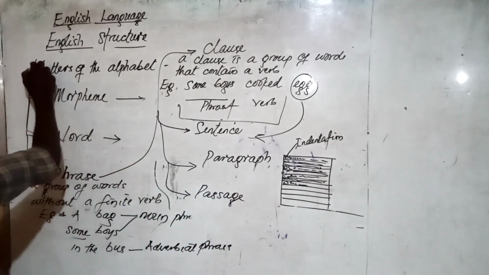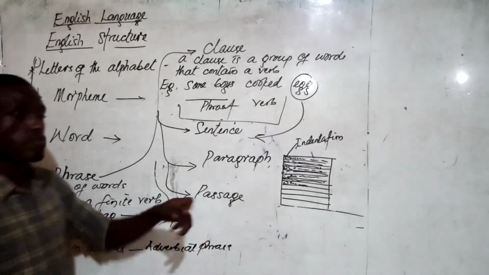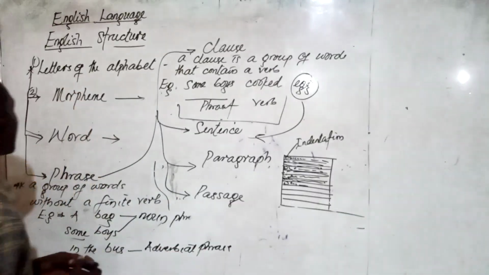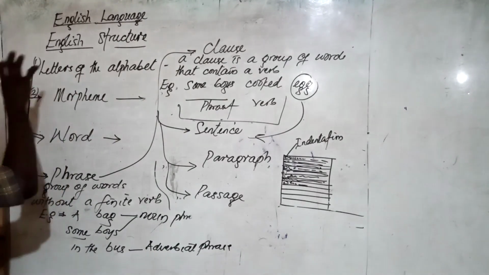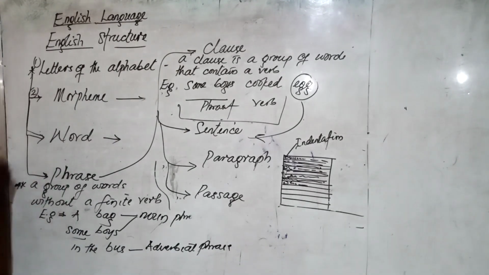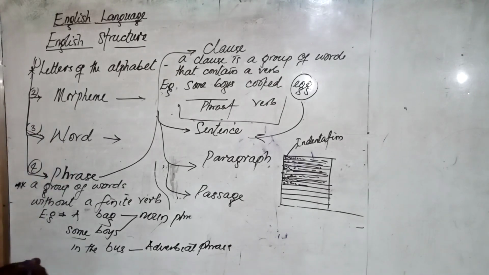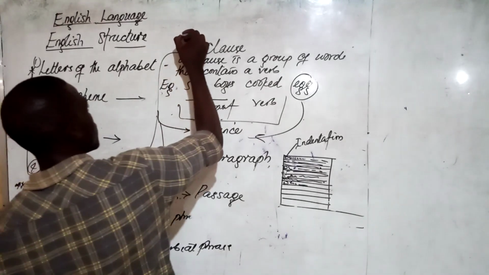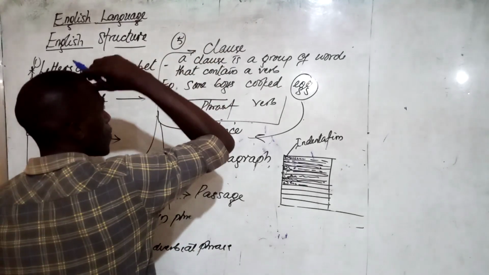So we start from letters of the alphabet. Now a passage is simply a write-up about a topic. We start from the letters of the alphabet, which work together to form morphemes. Morphemes work together to form words, which is number 3. Words come together to form phrases when they don't have a finite verb, and phrases come together with a finite verb to form a clause.